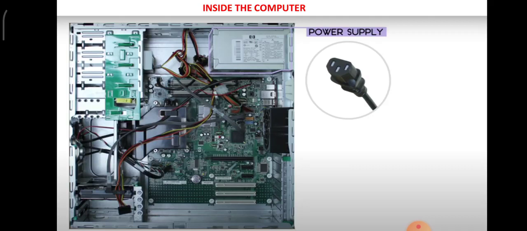As you can see, the 3 plug, you have to plug it in and then switch on the power. It is always recommended to go for a UPS, uninterrupted power supply, because due to power fluctuation your data may get lost. So to avoid that, always go for an uninterrupted power supply, UPS.